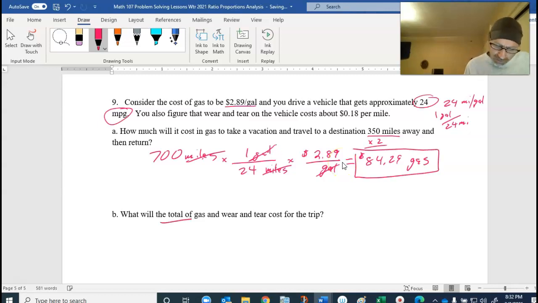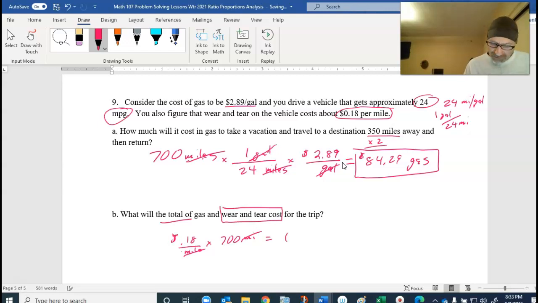So to get the total, we still have to do wear and tear, which is 18 cents per mile. So if that's 18 cents per mile, we multiply that by the 700 miles. Our miles drops out, and we get 700 times 0.18.